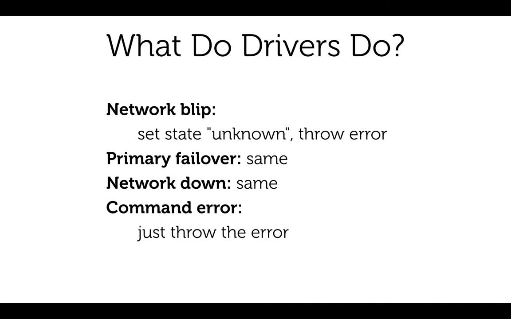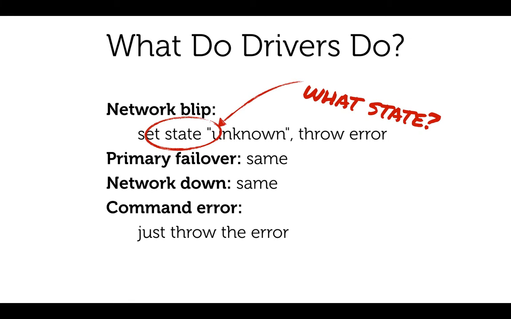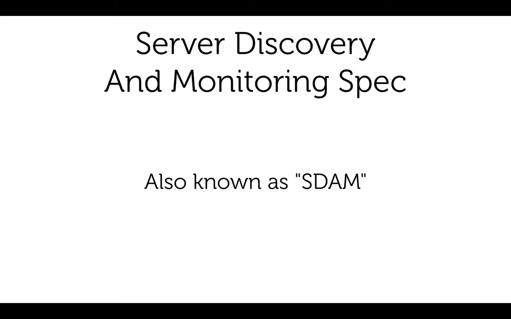Now, when I say that the driver is updating its state, what state am I talking about? The data structures that drivers use to represent what they know about servers is described in the Server Discovery and Monitoring spec. I wrote this spec about 2 years ago, and all of the official MongoDB drivers have now implemented it.